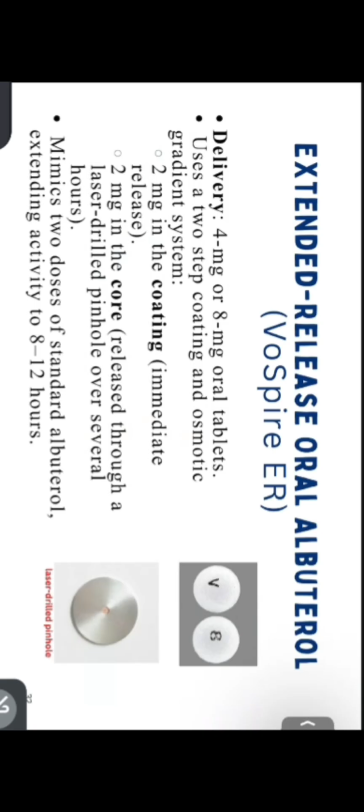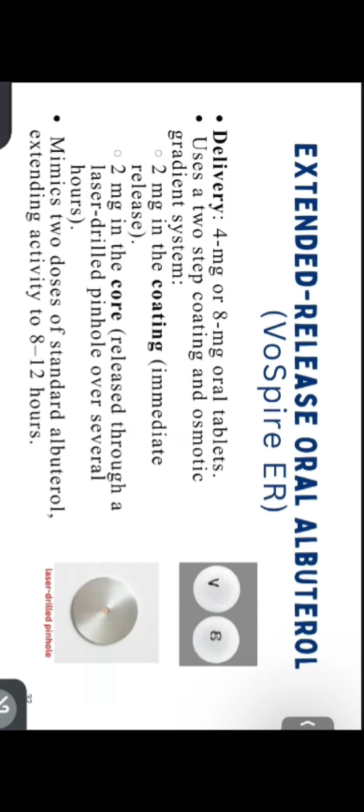So in this Vospire ER, instead of the drug hitting all at once, the tablet is designed like a time release capsule that mimics taking two separate doses several hours apart. So it uses a two-step coating, 2 milligrams in the coating for immediate release, and 2 milligrams in the core for release through a laser drilled pinhole over several hours.